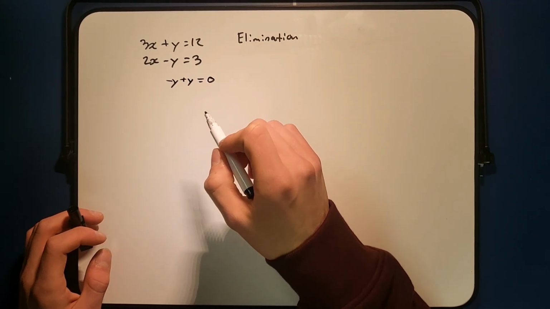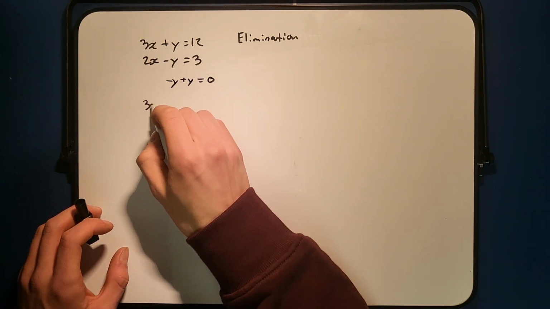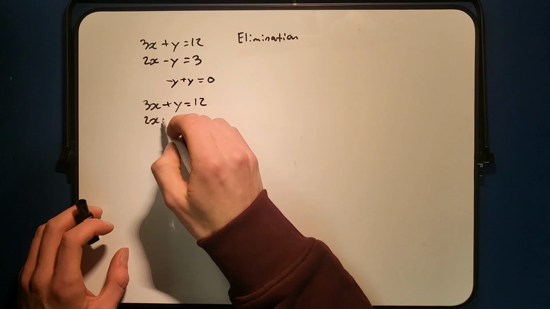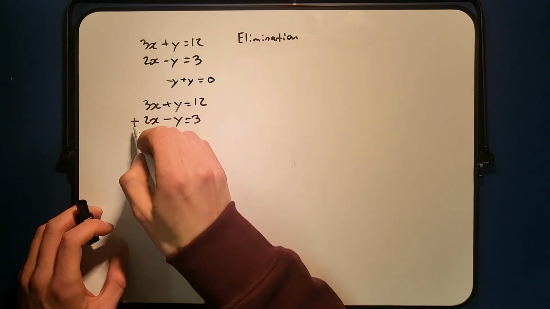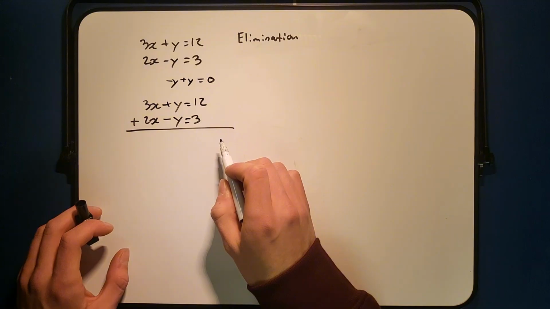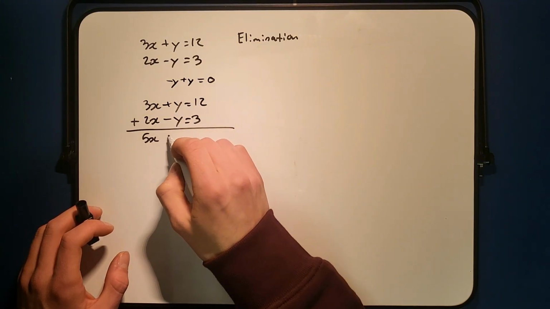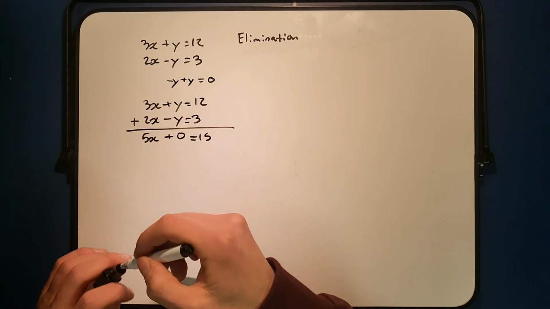So, what I will do is I will add the whole equation together. So let me rewrite this. And now I will add the whole two equations together. And that will give me 5x plus 0 is equal to 15.